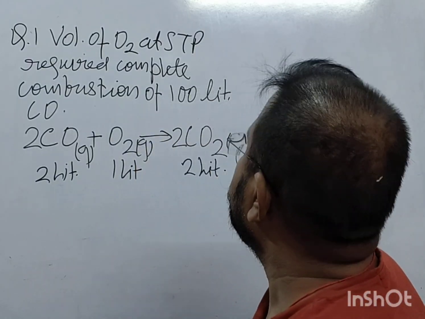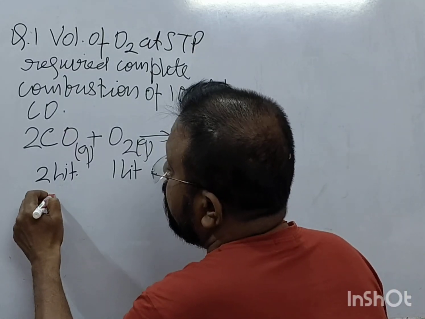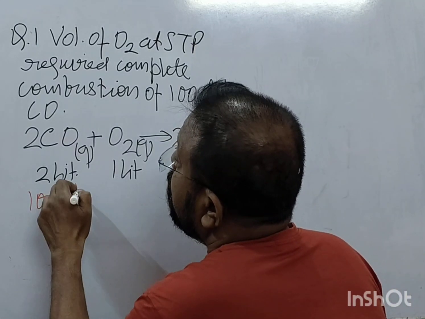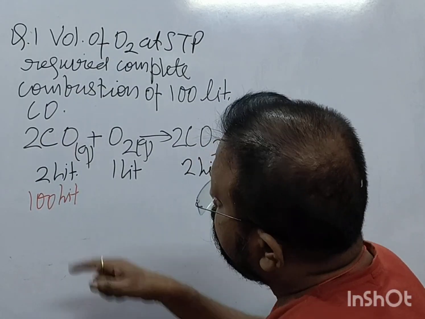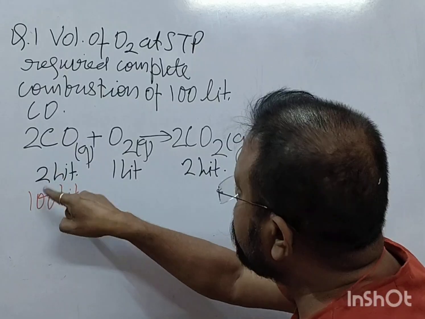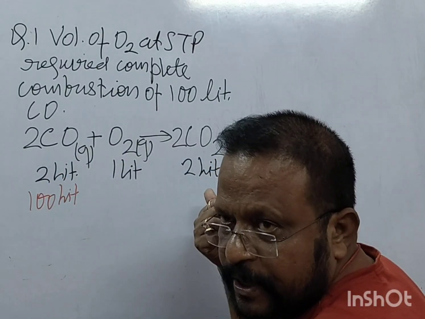So for 100 liters of carbon monoxide, 2 liters of carbon monoxide combines with 1 liter of oxygen to give you 2 liters of carbon dioxide.